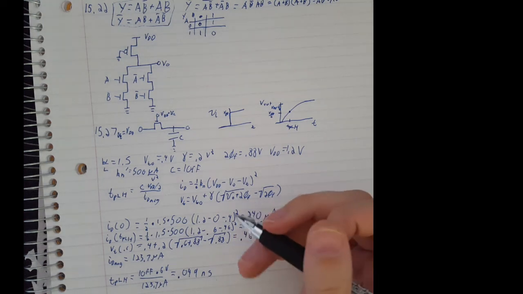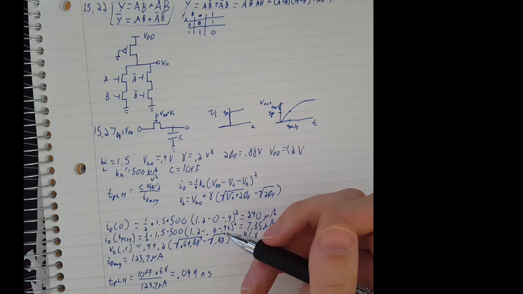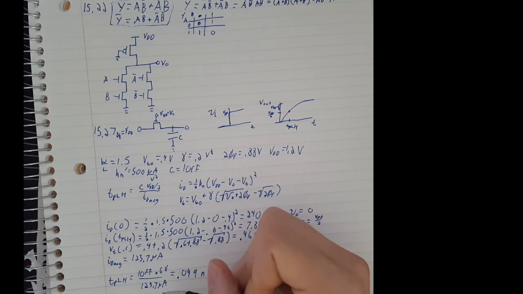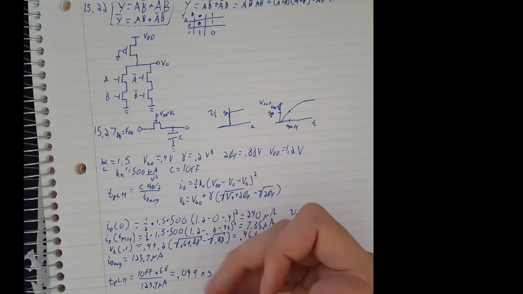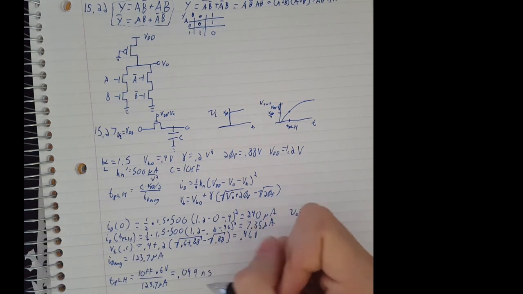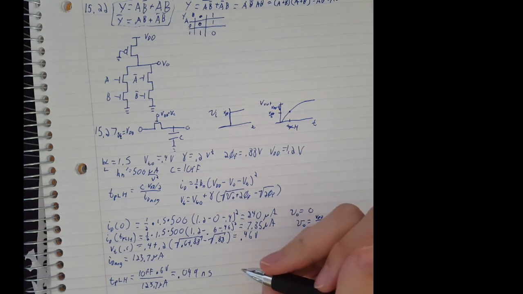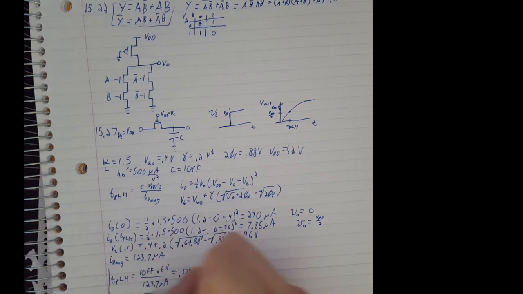Because femto is 10 to the negative 15th and micro is 10 to the negative 6th. So 10 to the negative 9th, which is nano, which is our final answer.